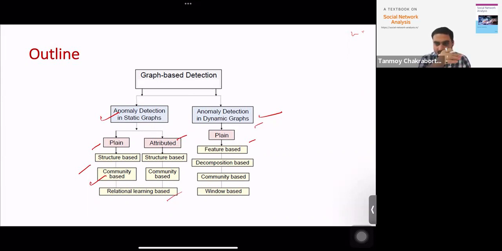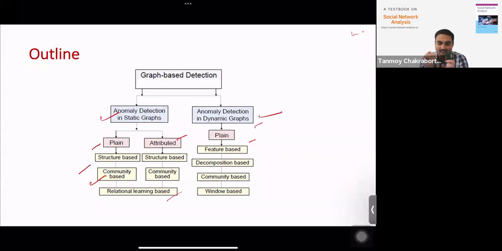At T1 you have a network snapshot, at T2 you have a snapshot, at T3 you have a snapshot, and then you look at topological differences across two timestamps. So at T and then at T+1, you look at the topological structure and see whether they are different or not.